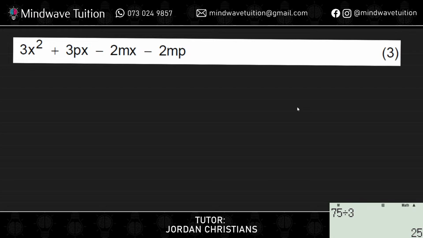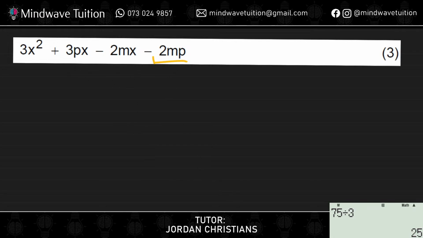So usually in these ones, you want to try and look for the numbers that are the same. For instance, if you were to group, let's say 2mp and 3px because they have p's, that's not going to help you because you can't really take out a factor between 2 and 3.